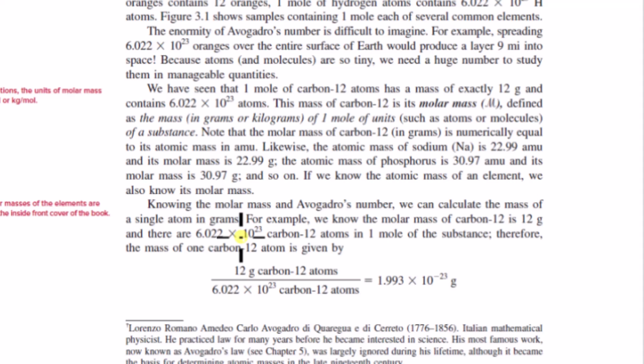For example, if we know we have 12 grams of carbon-12 atoms, and we know how many atoms are in those 12 grams, we just divide 12 grams by Avogadro's number. Then you're left with the number of grams that one of those atoms weighs. But you could do that with any atom or element because we know their molar mass. It's just the atomic weight.